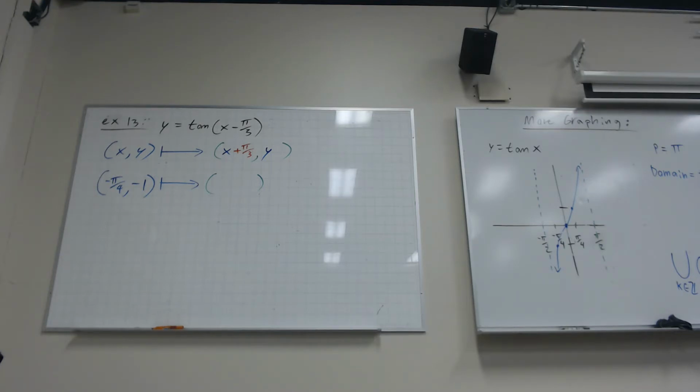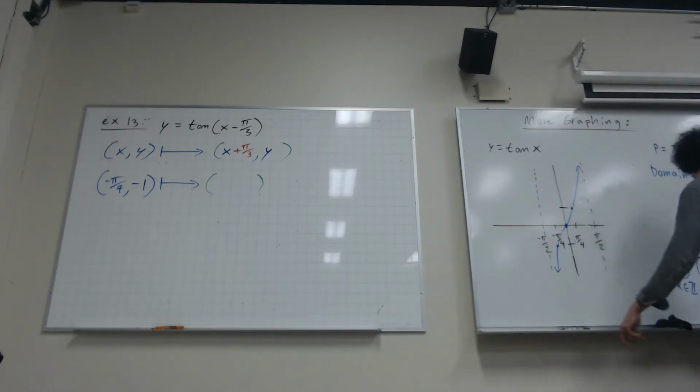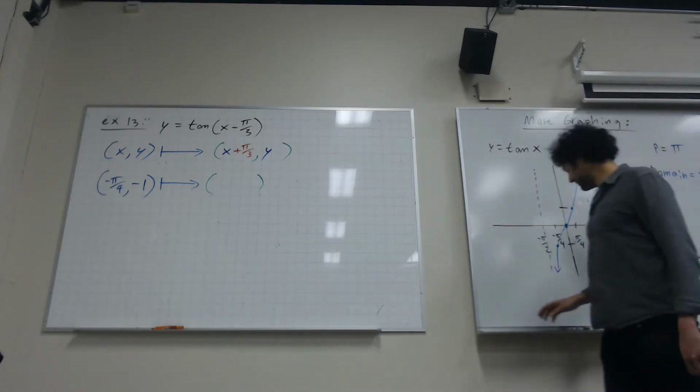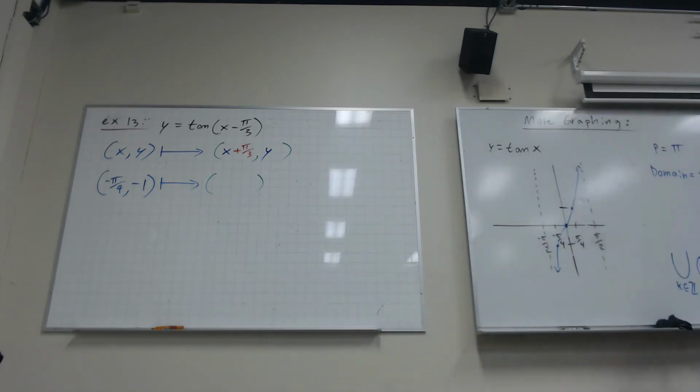What's pi over 3 minus pi over 4? Because that's what the next one is. You said pi over 12. So it's pi over 12, right?